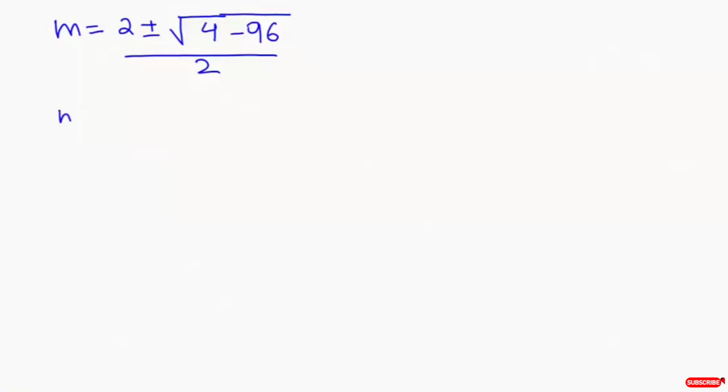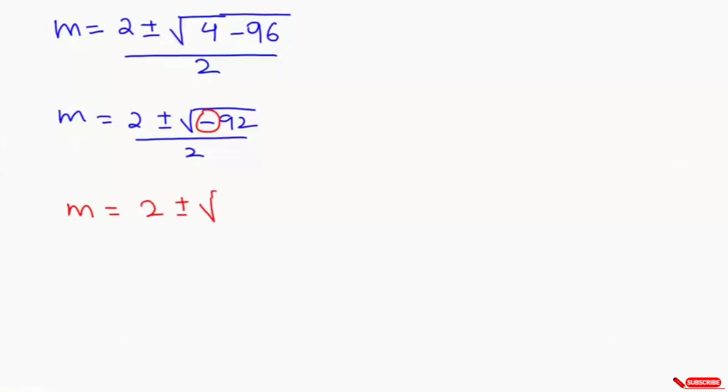This will be equal to 2 plus minus root of negative 92 over 2. Now I want to separate this negative sign from the 92, so I'm going to write m is equal to 2 plus minus root of 92 times negative 1, over 2.